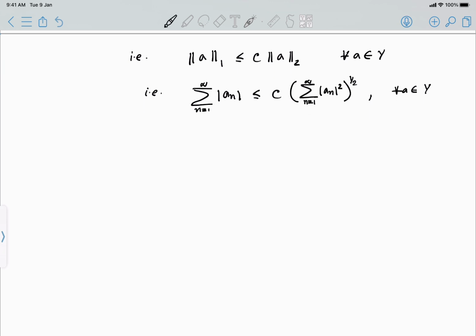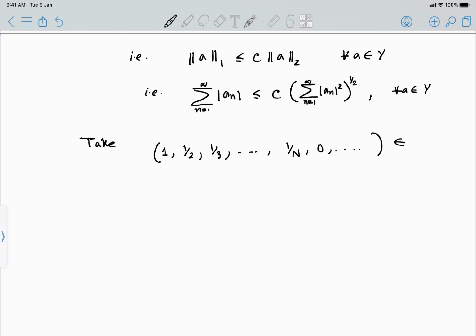So let's take this sequence. Let's take this point first: 1, 1/2, 1/3, up to 1/n, and then 0.